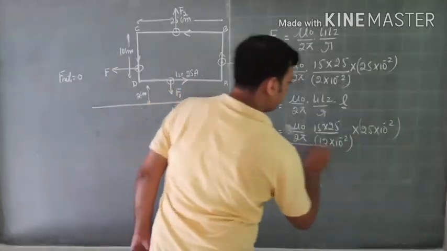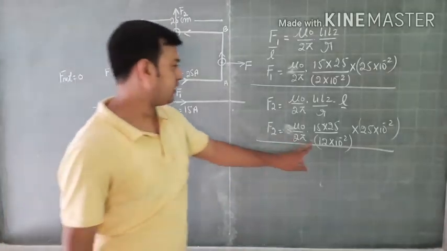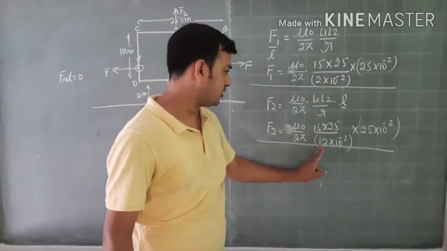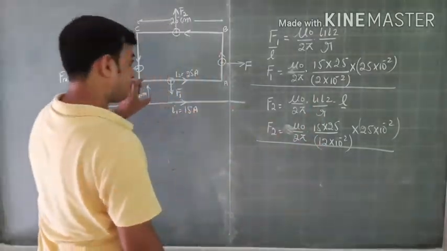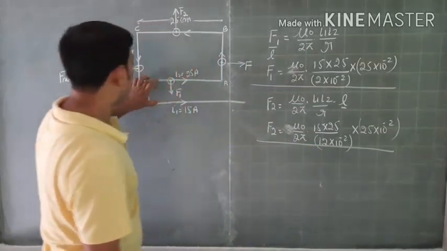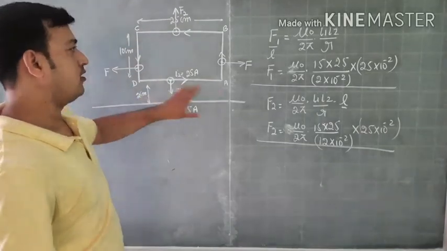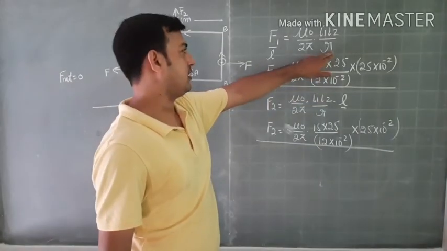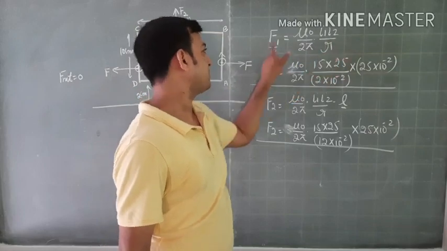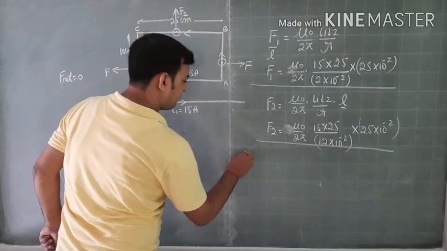And we know that these two forces are not equal, as you can see there is a change here. This is 2, this is 12. Since this arm is closer and this arm is far away, this force will be strong. You can also say it from here that if you reduce the value of R, force will increase. So this F1 is stronger than F2.